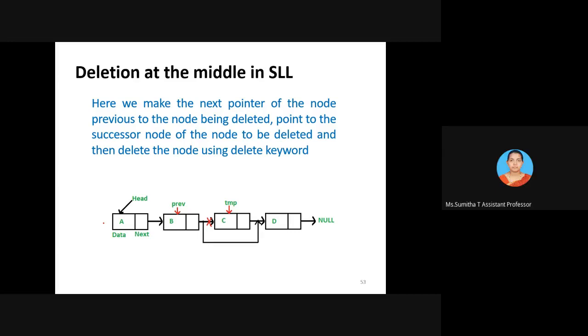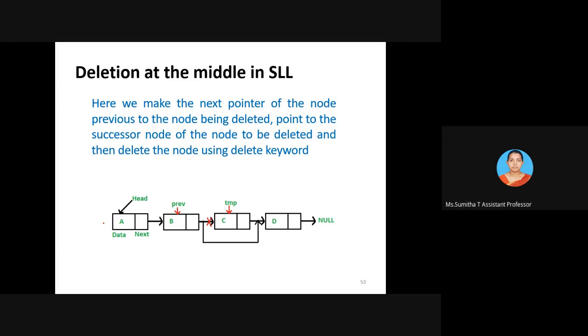Next, we are going to see about deletion at the middle in the singly linked list. Anyone can tell me the idea. We are following the same procedure for a long time, that is the insertion in 3 cases and deletion in 2 cases. Already we have discussed.